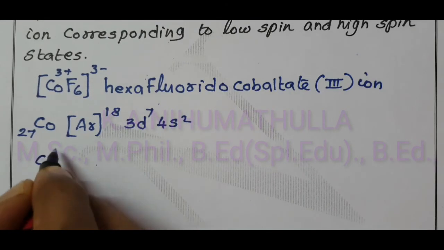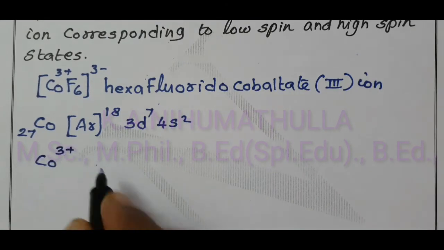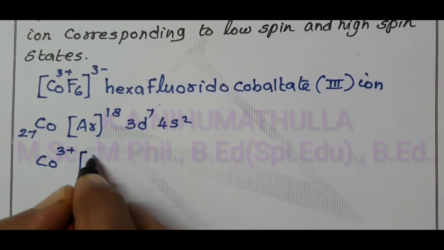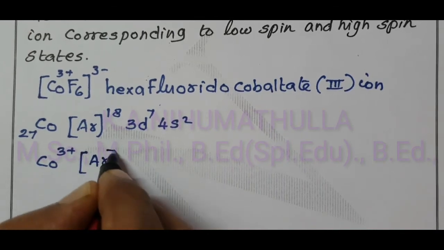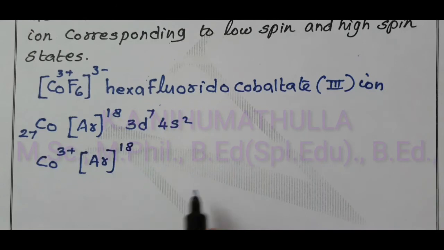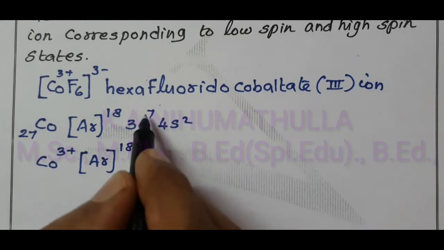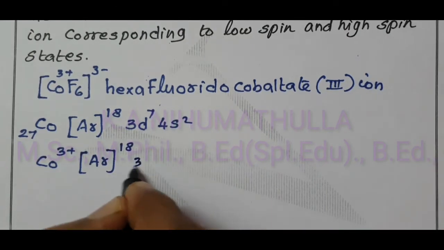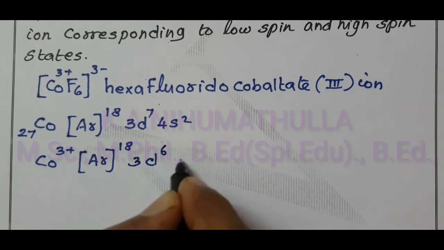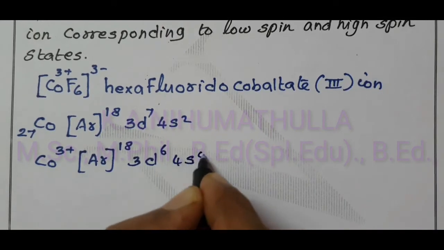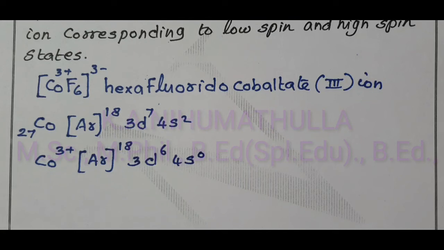Cobalt 3+, the plus indicates it has lost how many electrons? 3 electrons: 2 from 4s and 1 from 3d. So the configuration is 3d6, 4s0 for cobalt 3+. The 3d orbital now contains how many electrons?